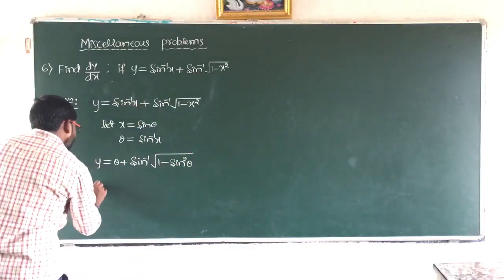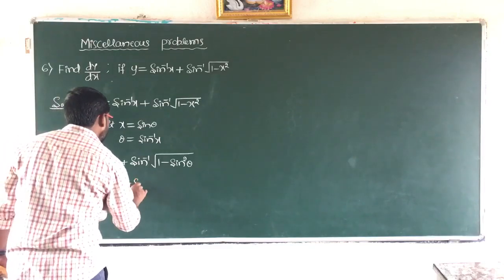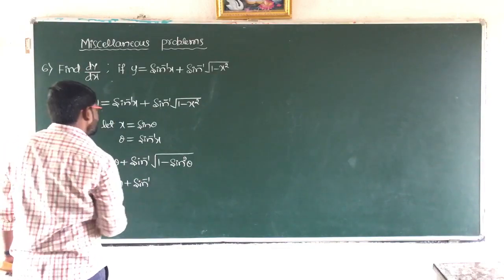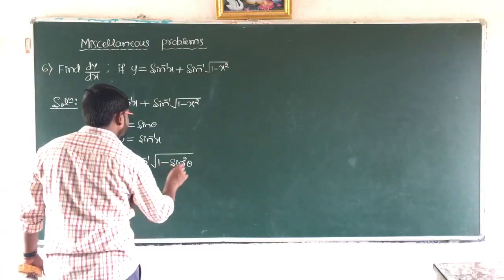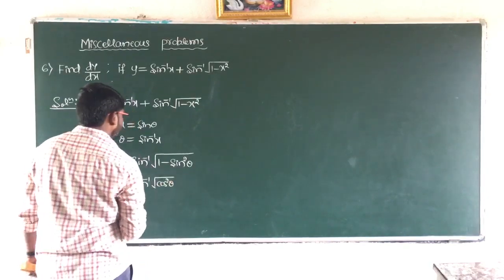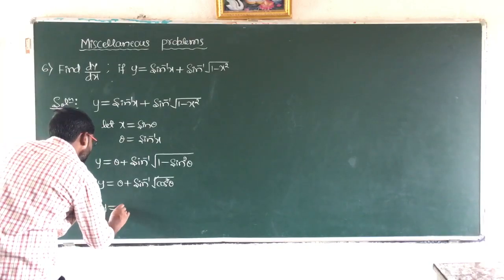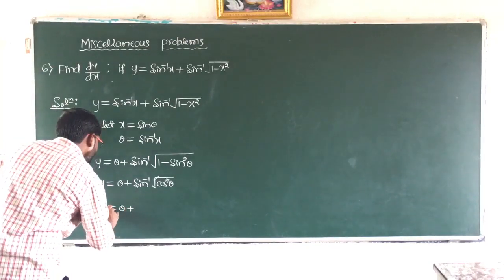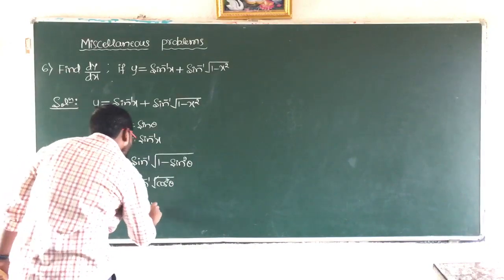Then y is equal to theta plus sine inverse under root 1 minus sine square theta, which will be cos square theta. Now square and root get cancelled. We get y is equal to theta plus sine inverse cos theta.